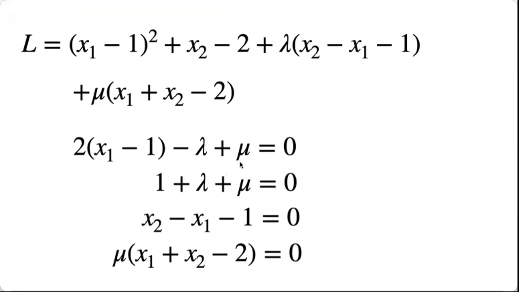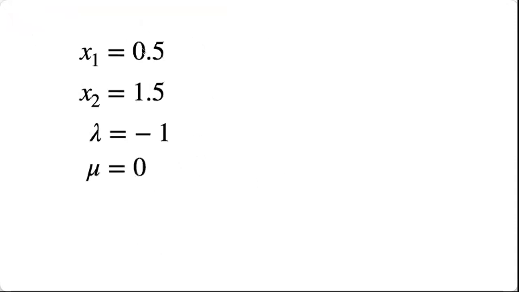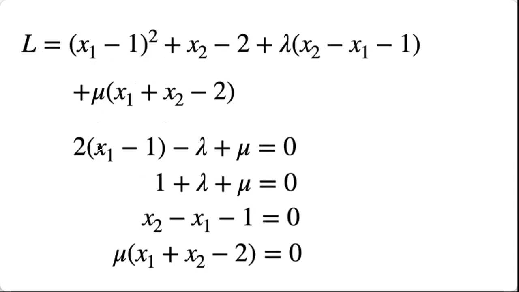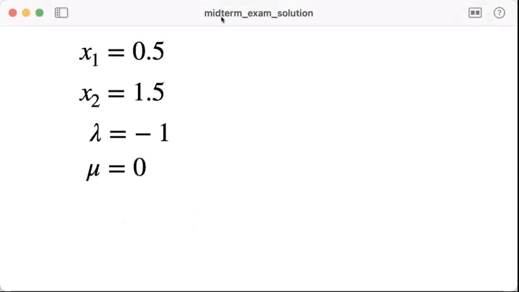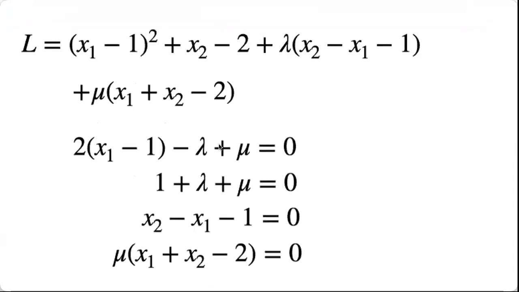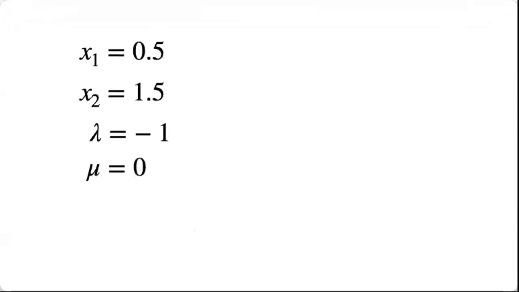So we can solve for x1: x1 is 0.5. From the equality condition, substituting x1 equal 0.5, x2 must be 1.5. You got the solution, the extreme point for problem 3.